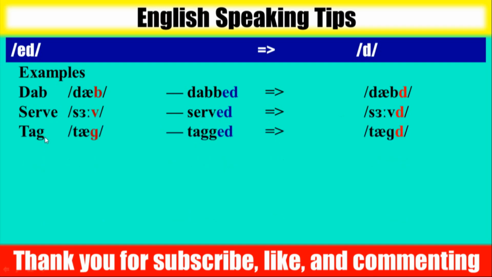Here is another example. Tug. The last sound is g, and this is voiced. Then, in the past form, we pronounce it as tugged. Praise. The last sound is z. Then, in the past form, we pronounce it as praised.